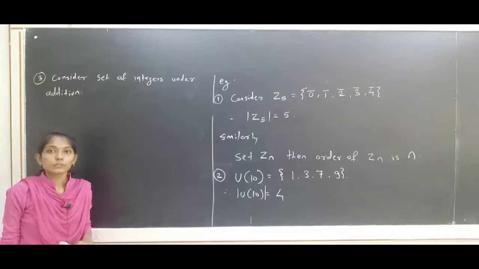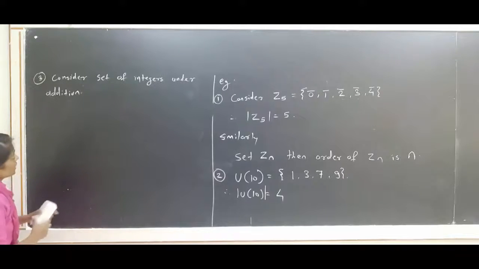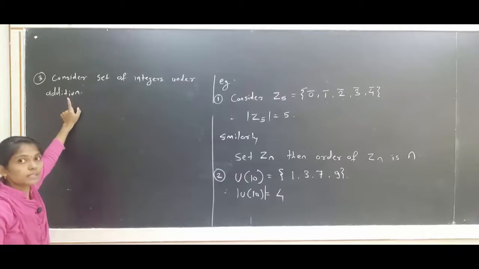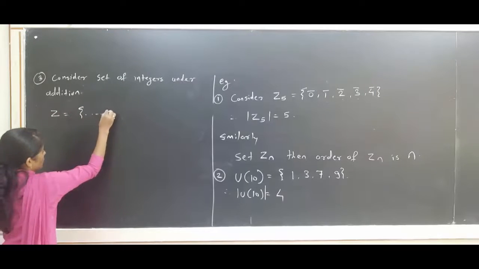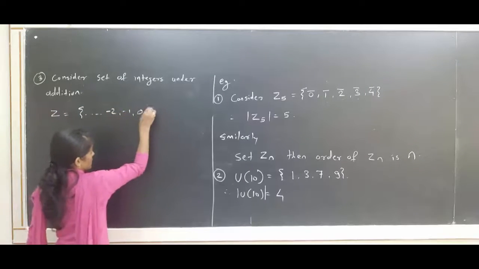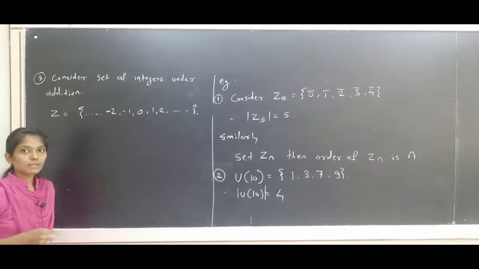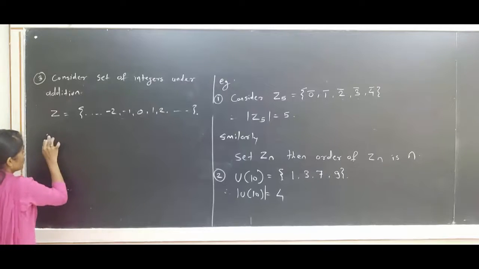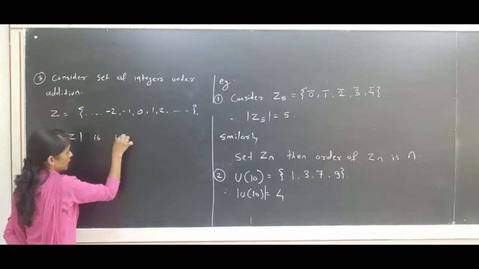Now here we want to find the order of this set. The set of integers is infinite. So Z is equal to ..., -2, -1, 0, 1, 2 and so on. So this set is infinite. It contains an infinite number of elements. Therefore, order of Z is infinite.